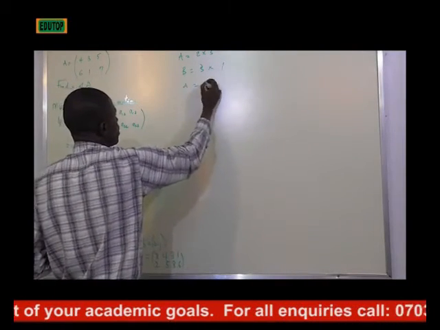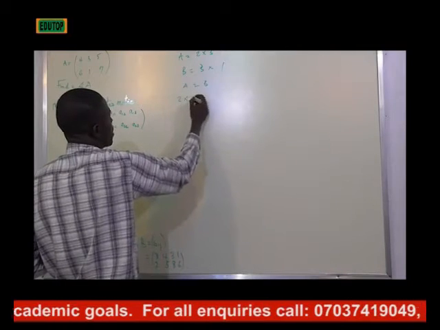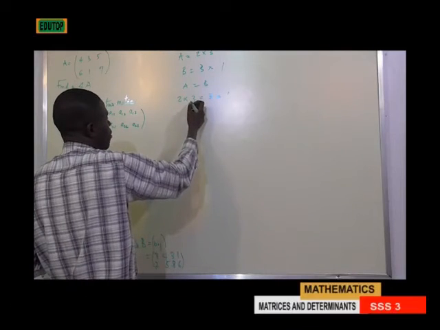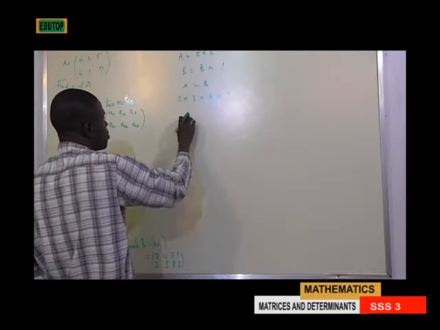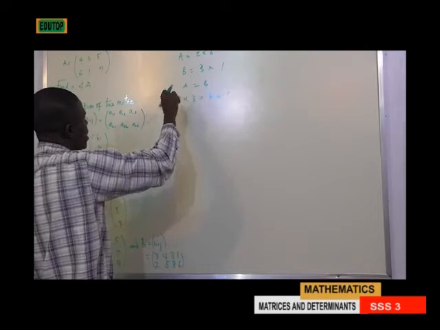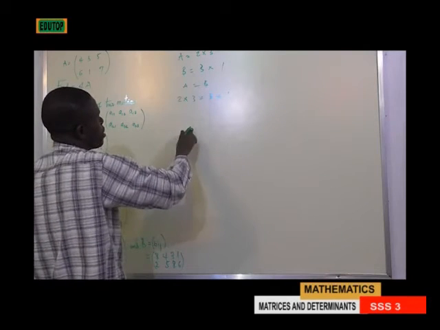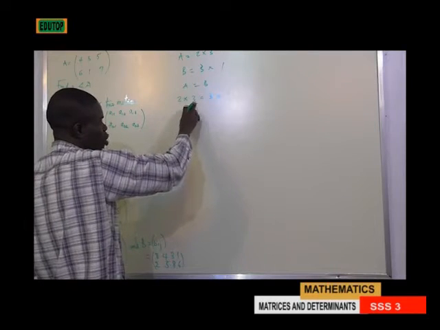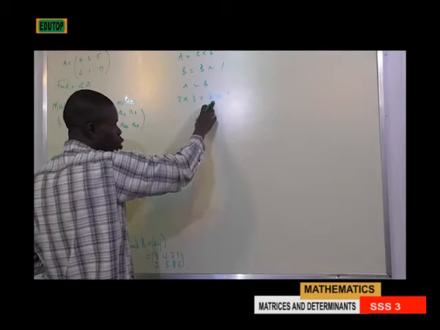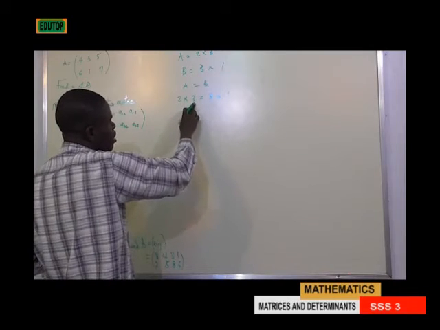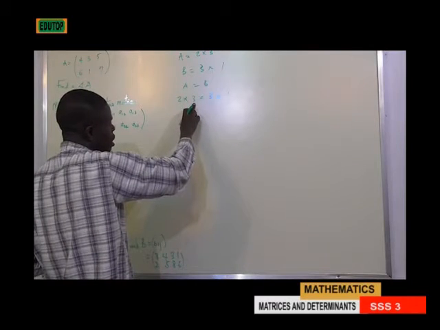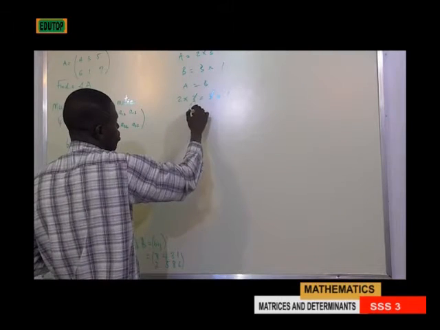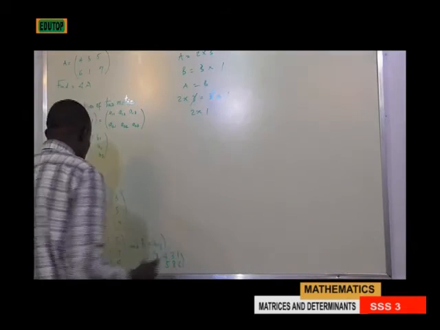So A equals B, then we'll have 2 by 3 equals 3 by 1. For multiplication to be feasible in matrices A and B, the number of columns in the first matrix must be equal to the number of rows in the second matrix. Since the number of columns in the first matrix is 3 and the number of rows in the second matrix is 3, they will be equal, and you will definitely have a 2 by 1 matrix.